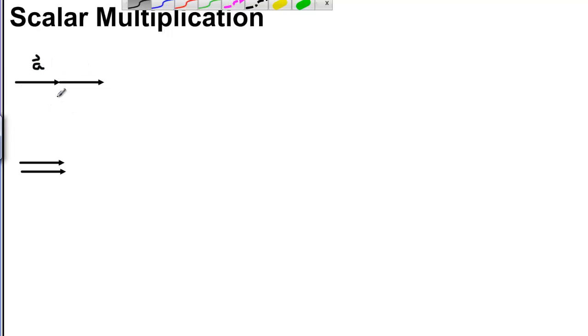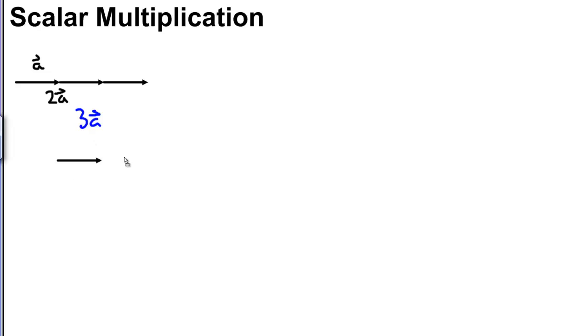It's got the same direction, so that would now be 2 times vector A. If I were to add another vector, same length, how long is our vector now? Well, it's now 3 times vector A. Still parallel. If I were to add the last vector I've got here onto the end, of course now it's 4 times vector A.